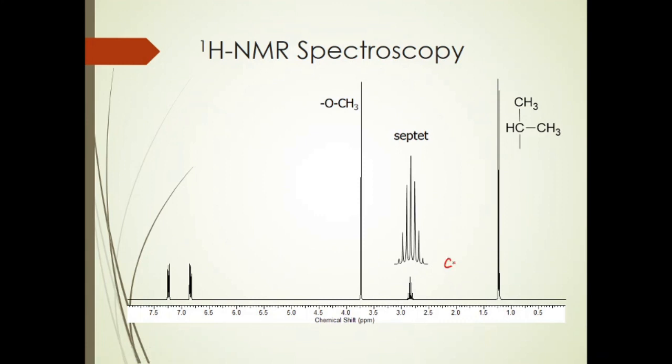Remember, the integration was 1, so this is a CH. If it has 6 neighbors, the most likely explanation is it is bonded to 2 methyl groups. And that would account then for the septet. It has 6 neighbors. And so we are again looking at an isopropyl group.